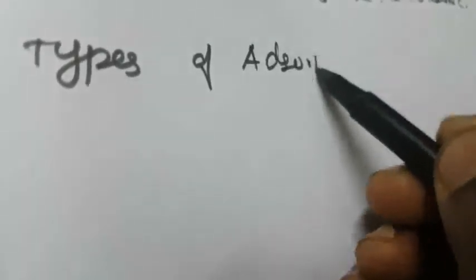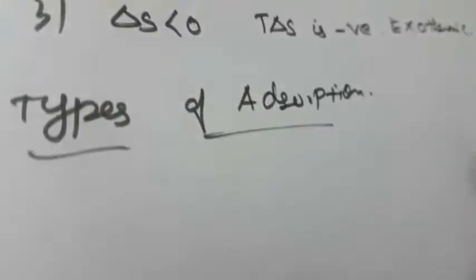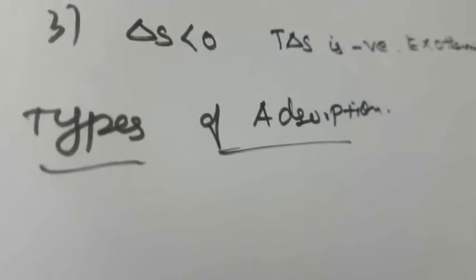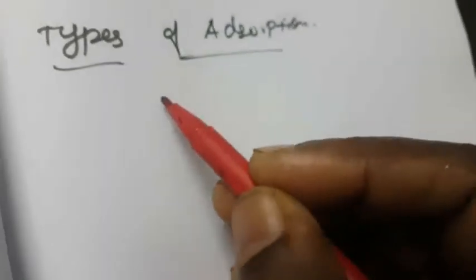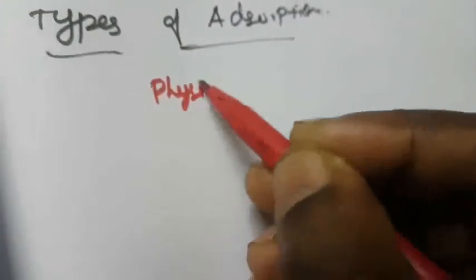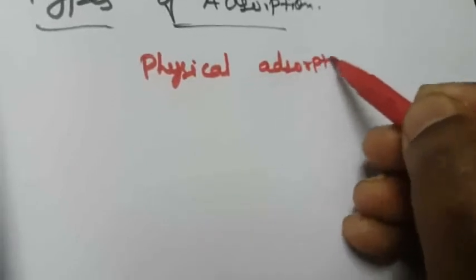Next, what are the types of adsorption? Here there are two types of adsorption: physical adsorption and chemical adsorption.